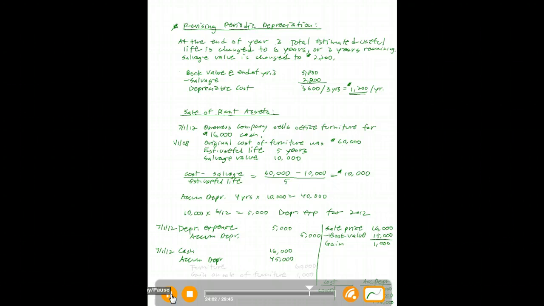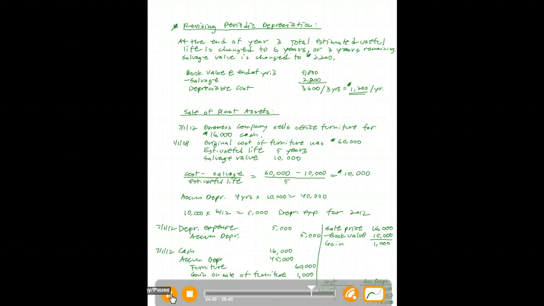Now we're going to credit our furniture for 60,000, because that is what we paid for it, so that's what we've got to credit it for. And then we will have a credit to gain on sale of furniture.